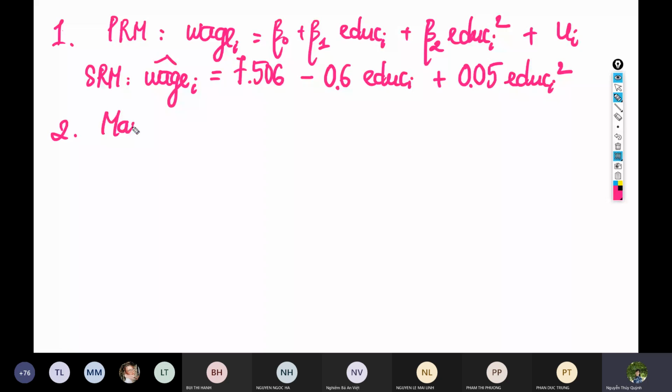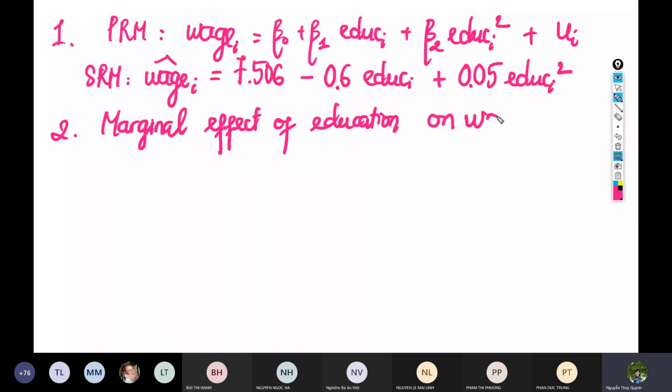All right, for the second question, we want to ask the marginal effect of education on wage. So here it will be the first derivative of wage with regard to education, which is beta 1 plus 2 times beta 2 times edu.